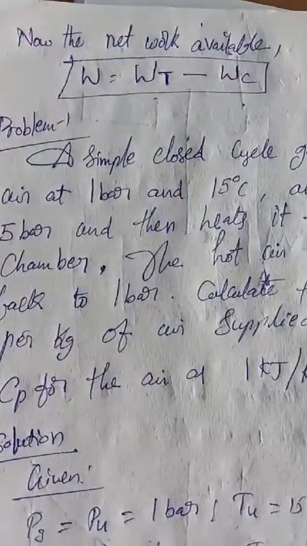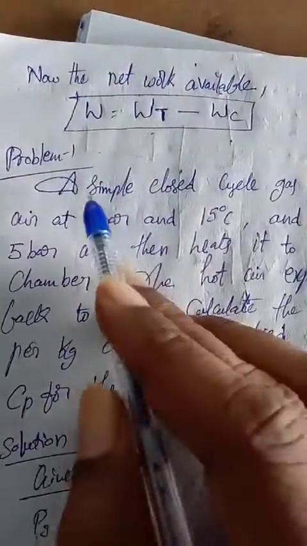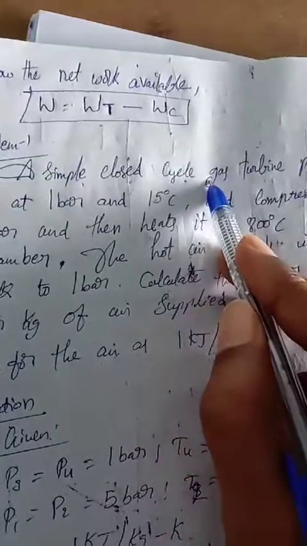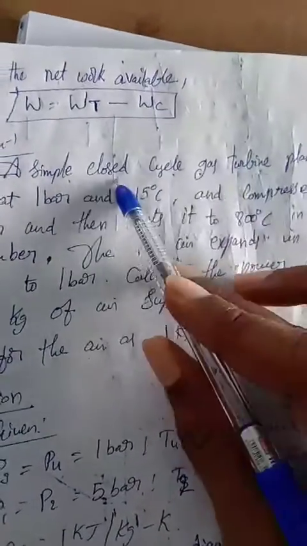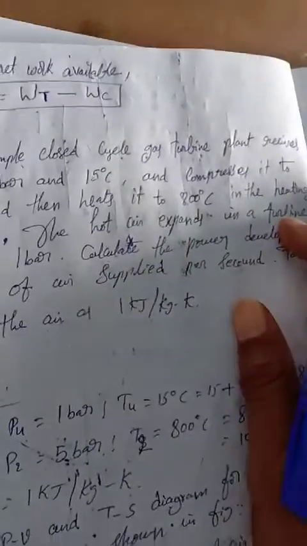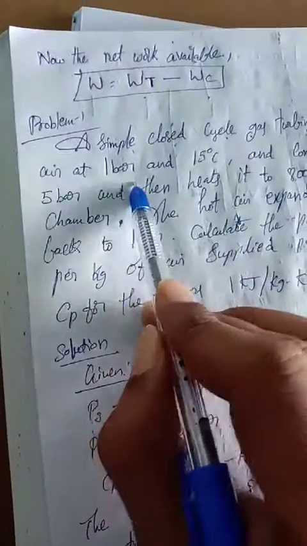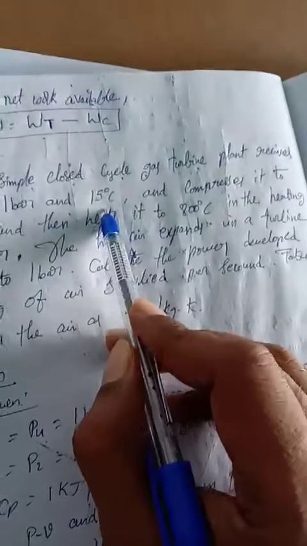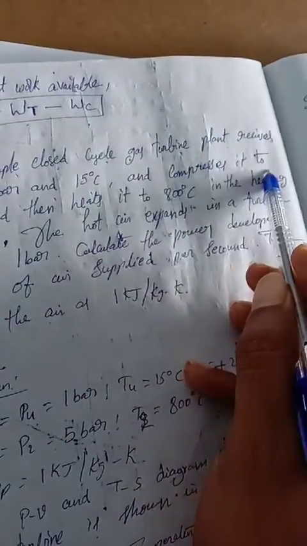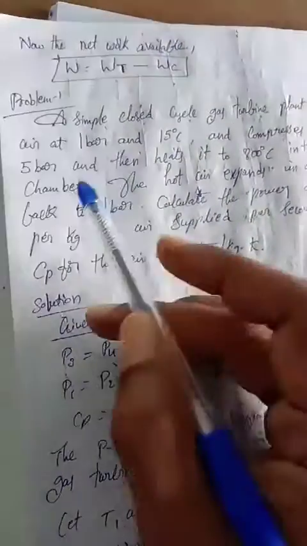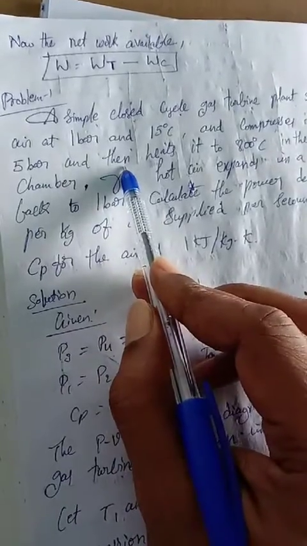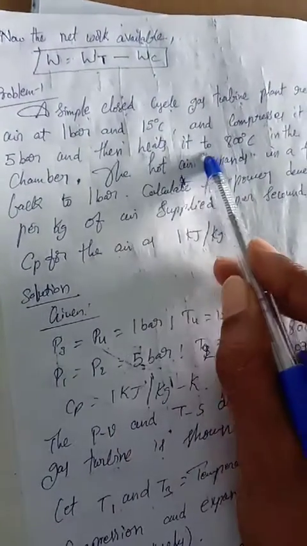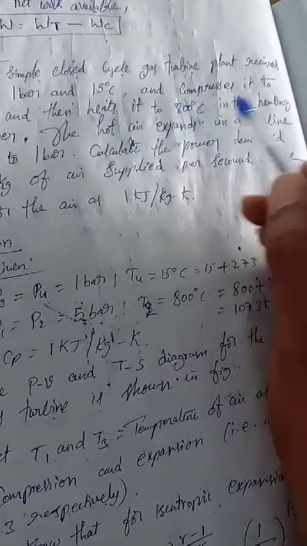Look here, problem 1. A simple closed cycle gas turbine plant receives air at 1 bar and 15 degrees and compresses it to 5 bar and then heats it to 800 degrees centigrade.